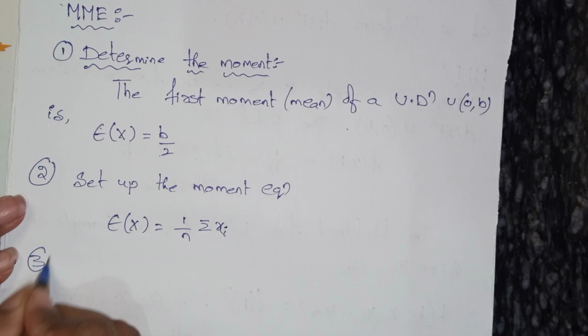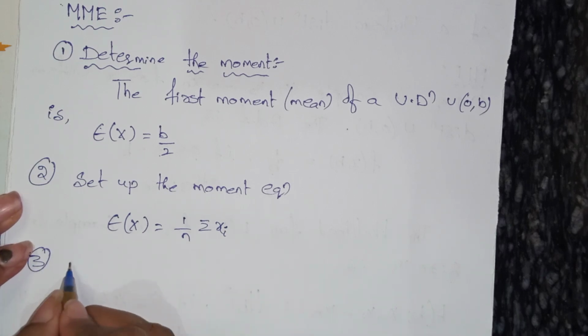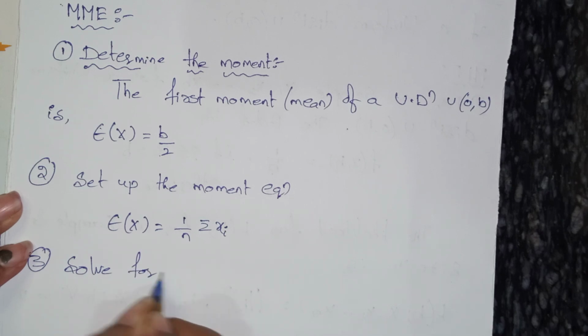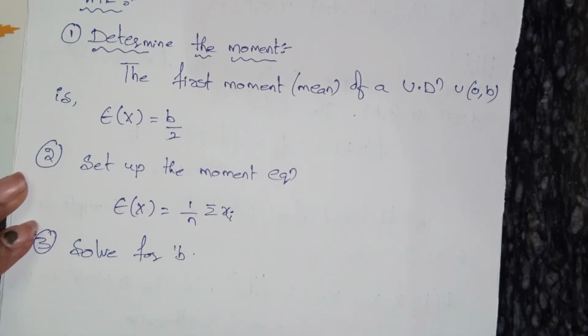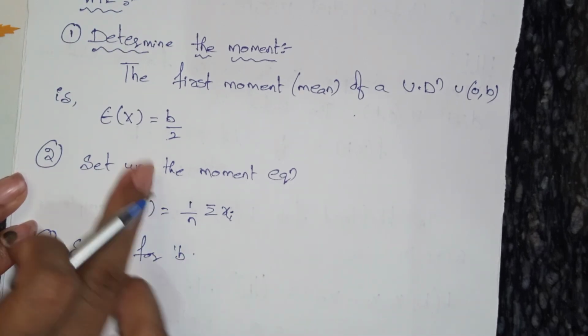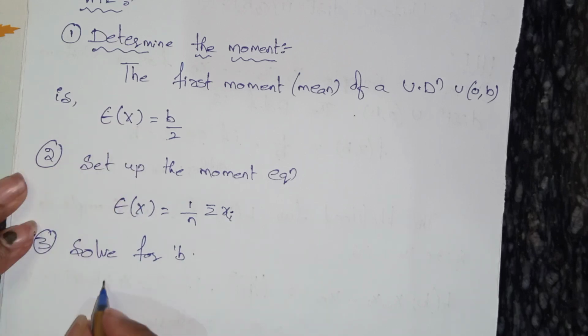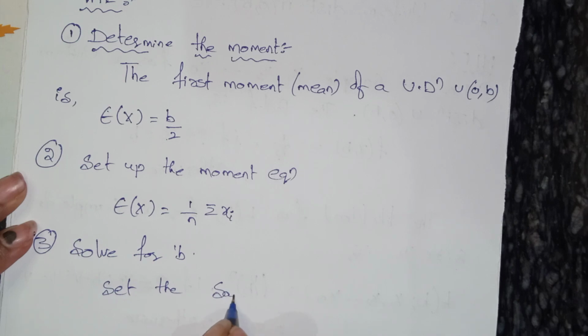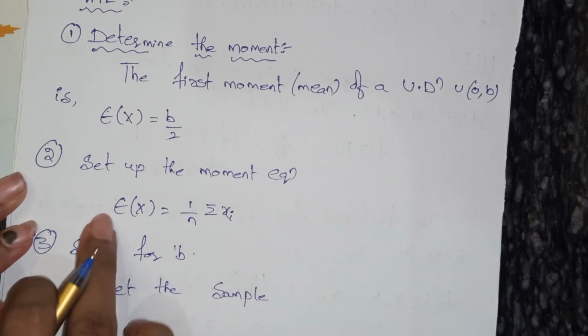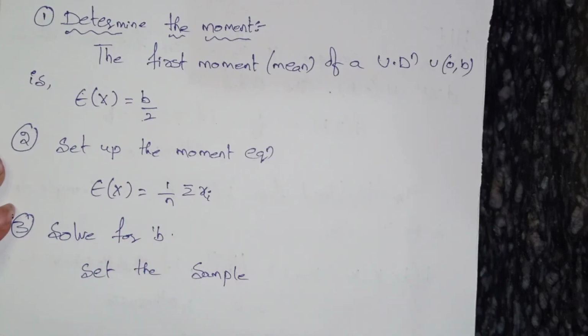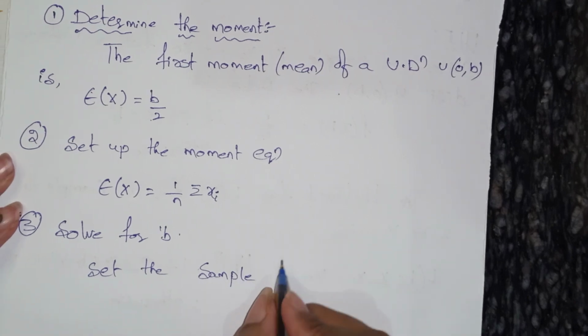Next, third one. Now we are going to find out B. Okay, solve for B. So now we have to compare these two. Set the sample mean equal to the theoretical mean, that means this value, or else we can say the general mean formula.